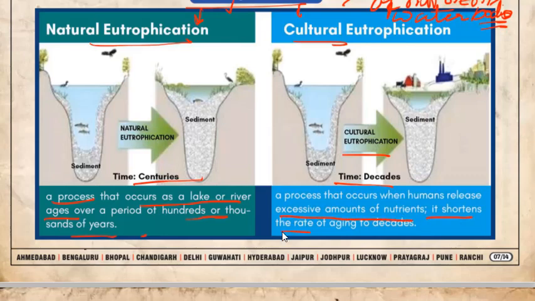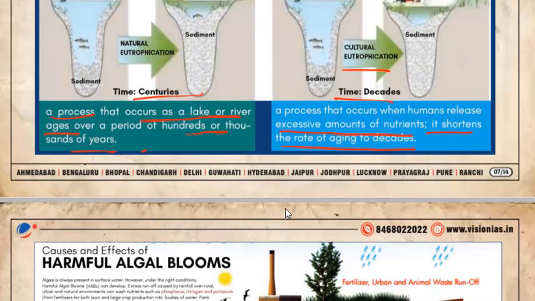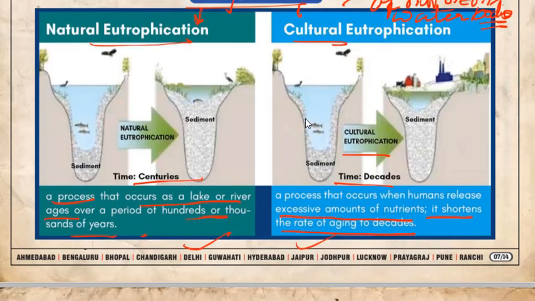It shortens the rate of aging to decades; what was going to take centuries now takes decades. So natural eutrophication is converted to cultural eutrophication when we pollute water bodies with nutrients.